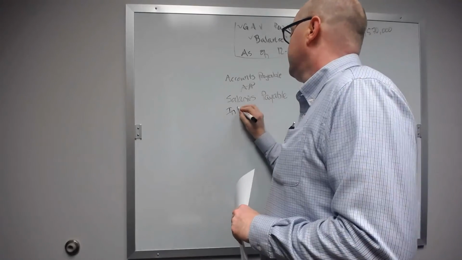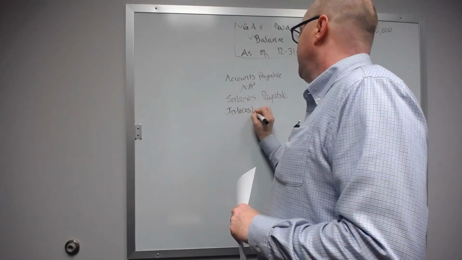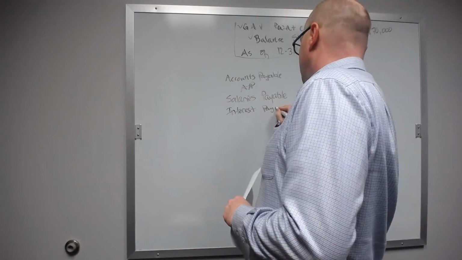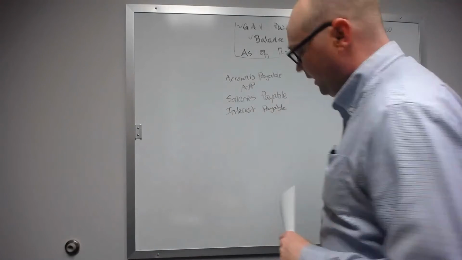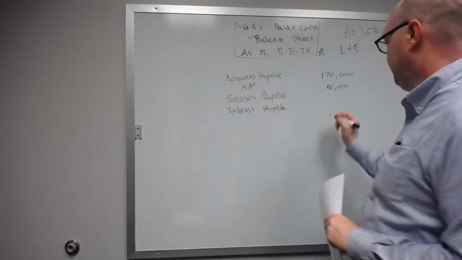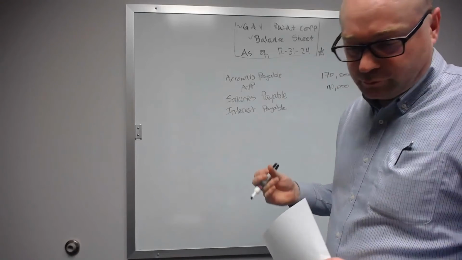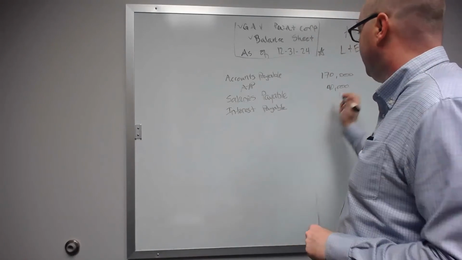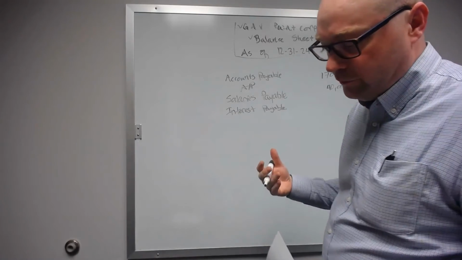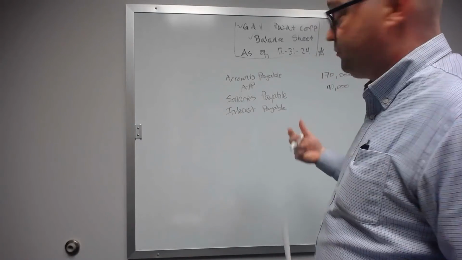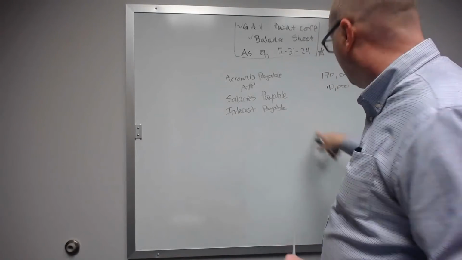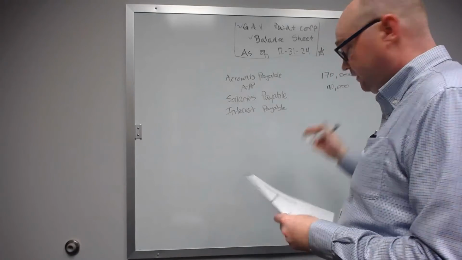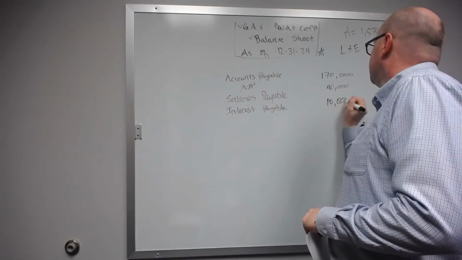So again, we've borrowed money from a bank, we've signed a note, something to that effect, and we now have to pay interest every year. But let's say every quarter we calculate that interest and we add it here and we say, well, we've had that loan for 5 months out of the year. Here's 5 months worth of interest that we haven't paid yet, but we're going to pay. So that's going to be $10,000.